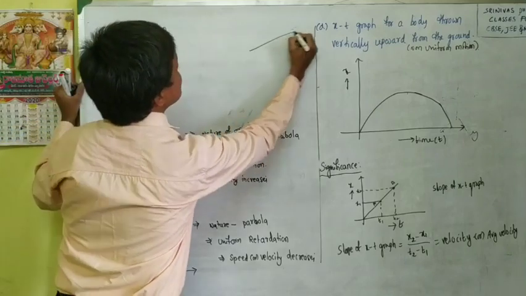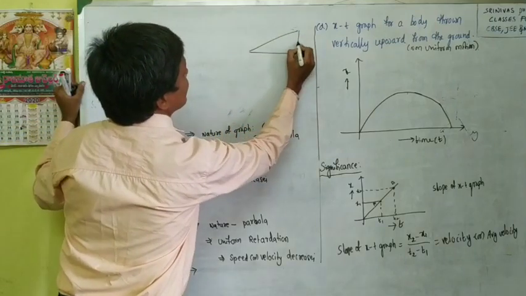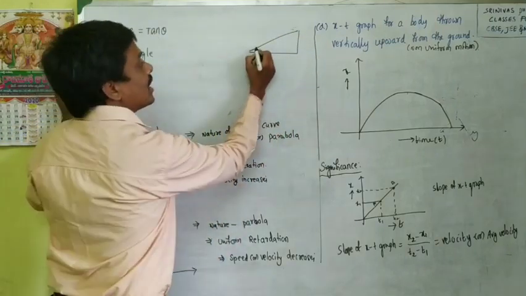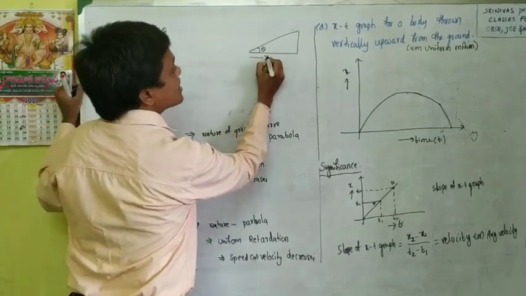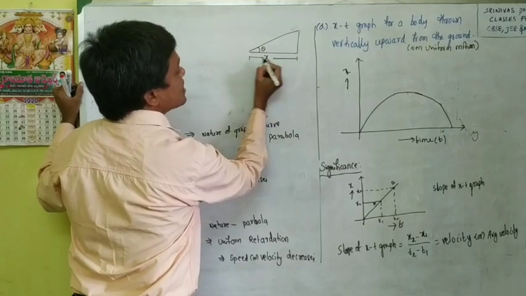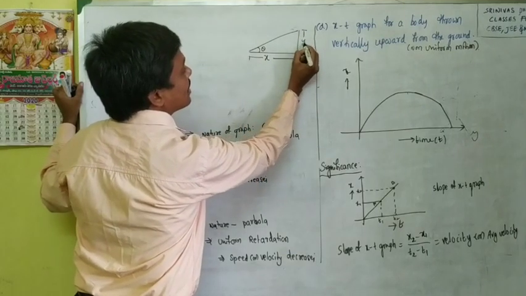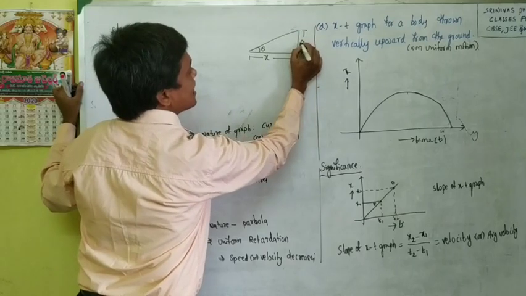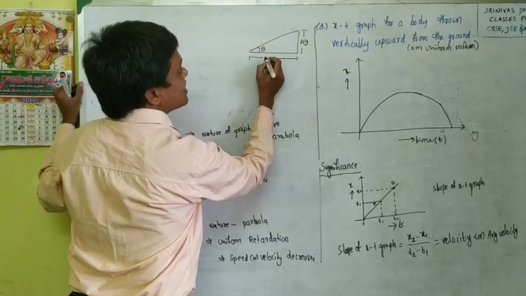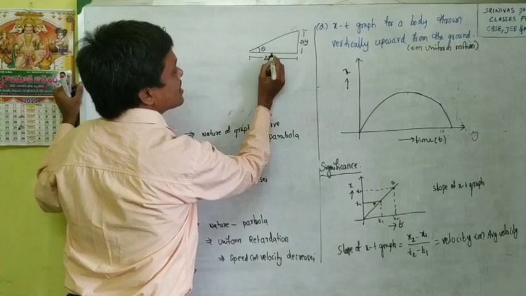For example, this is a triangle, and this angle is theta, and this is x, this distance, and this is y. For example, on the y axis the difference is delta y and this is delta x.